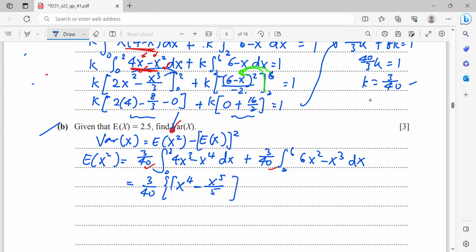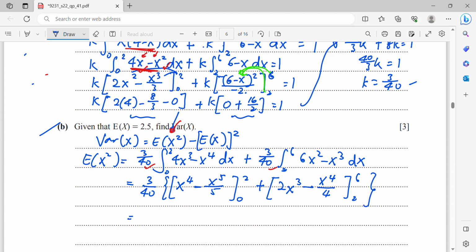The limits will be from 0 to 2. And then plus 6x squared, when you integrate, it becomes 6x cubed over 3. Alright, that means it becomes, sorry, 2x cubed. Right? The x to the power of 3 becomes x to the power of 4 over 4. So limits 2 to 6.